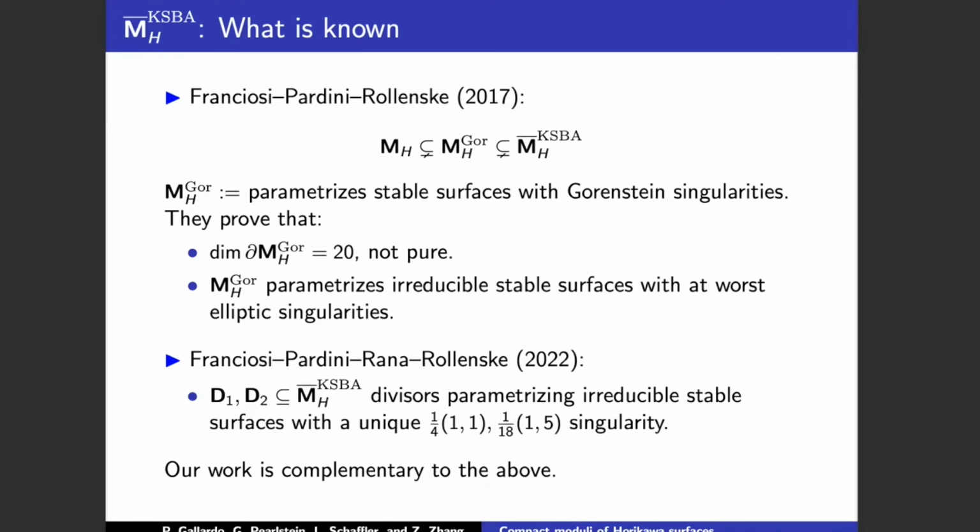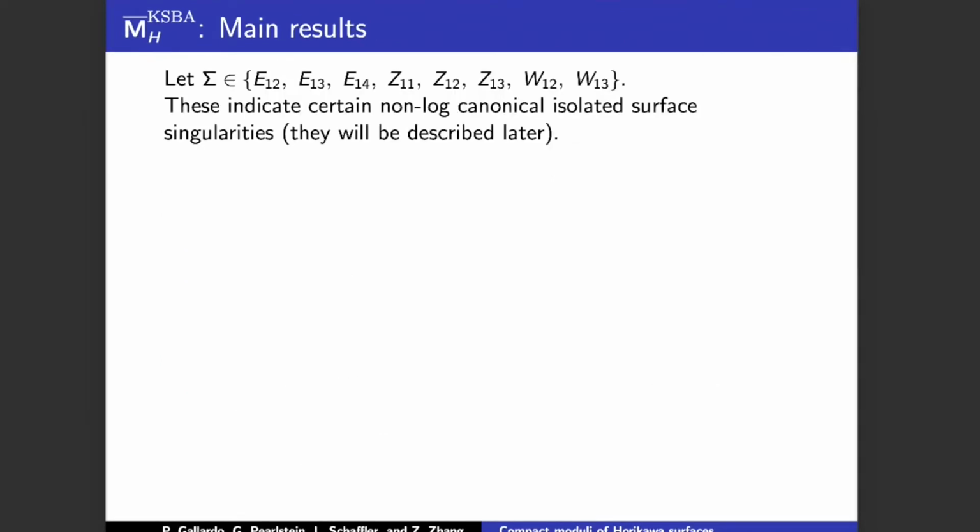To be able to state the main results of today's talk, I need to first introduce a tiny bit of terminology. Capital sigma for us will denote one of those 8 symbols, E12, E13, E14, and so on, all the way down to W13. If you're not familiar with those symbols, they indicate certain specific types of non-log canonical isolated surface singularities, in the same spirit as when you say this is an A1 singularity, or an A2.